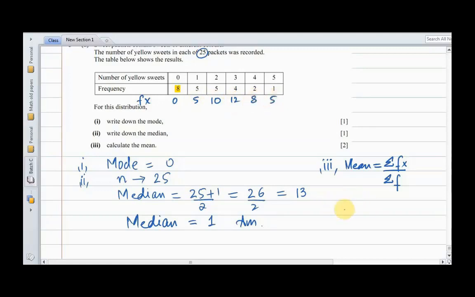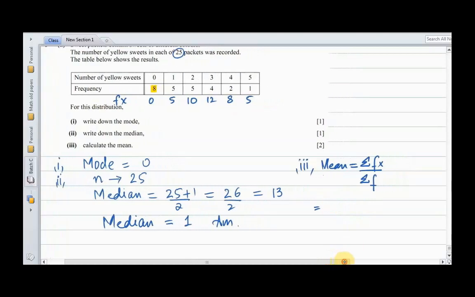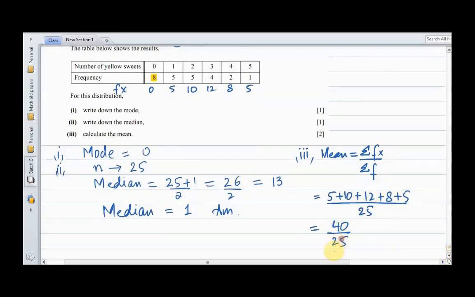You need to add all the numbers, 0 plus 5 plus 10 plus 12 plus 8 plus 5, divided by the sum of frequency, which is given, that is 25. So 5 plus 10, 15, 15 plus 5, 20, 20 plus 8, 28, 28 plus 12, it will be 40. So 40 divided by 25. You need to solve it with your calculator. So 40 divided by 25 gives you the value of 1.6. That is your answer.